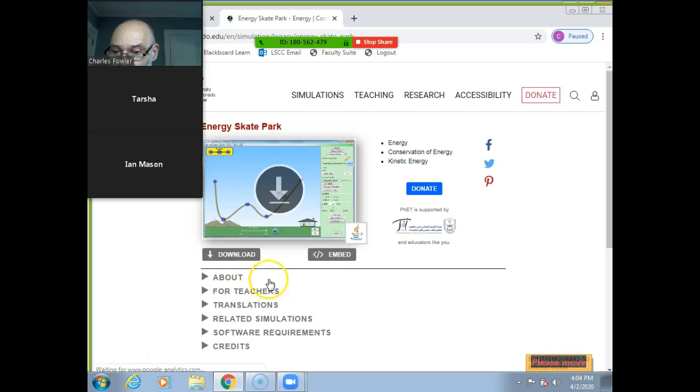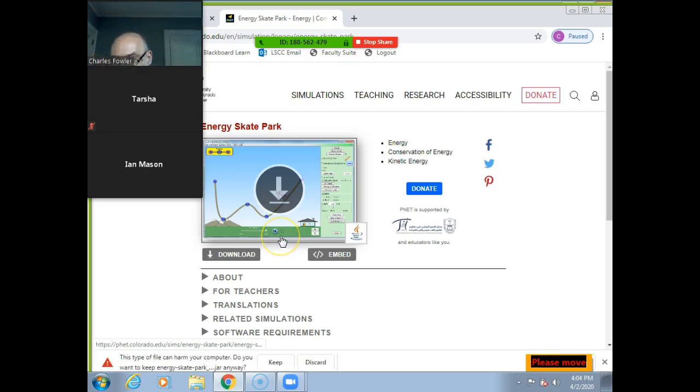Okay. Now, I used to say download. I think this arrow does it too. So I'm going to try the big arrow now and see if it opens it. This one I think takes a little while to open. And this one says this type of file can harm your computer. Do you want to keep it? I say keep because that's the better one that I found out of these. So there's the keep. Hopefully it won't harm my computer. Okay, but it still has it open, so I'm going to come over here and click on this and see if it opens there.